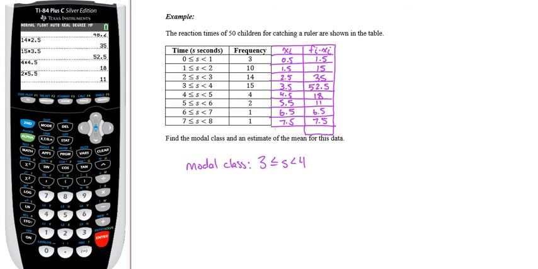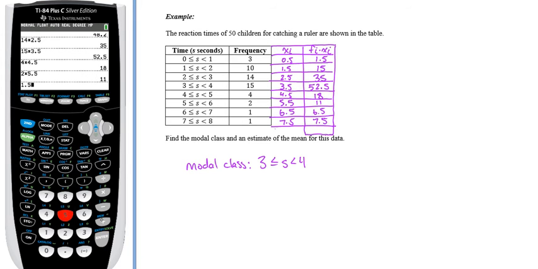So the total there is going to be the sum of all of those values: 35, 52.5, 18, 11, 6.5, and 7.5.